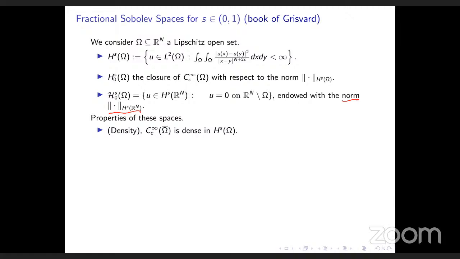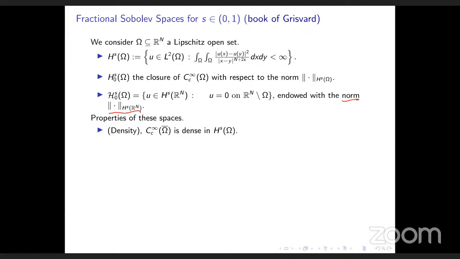The space calligraphic H^s is different from the space H^s_0. Whenever you have such a space, these are kinds of Dirichlet spaces. They define operators, and the operators we will see are different in a certain sense, and we will see that later. So there are interesting properties.